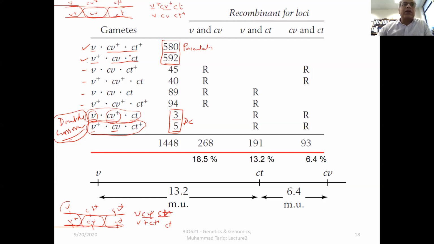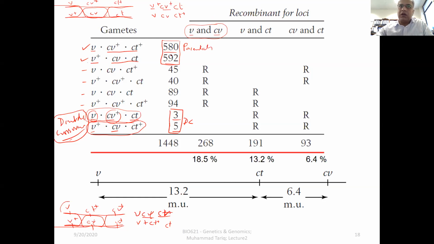Now, based on these gametes, we are going to deal with two traits or two genes at a time. For example, we will look at just recombinants between vermilion and cross-veinless at a given time. We will forget about cut here.